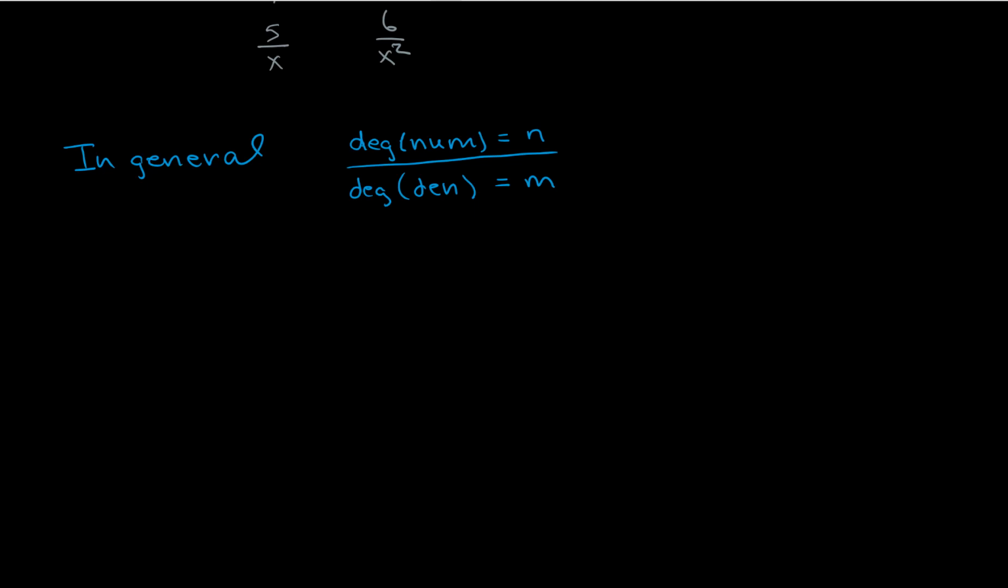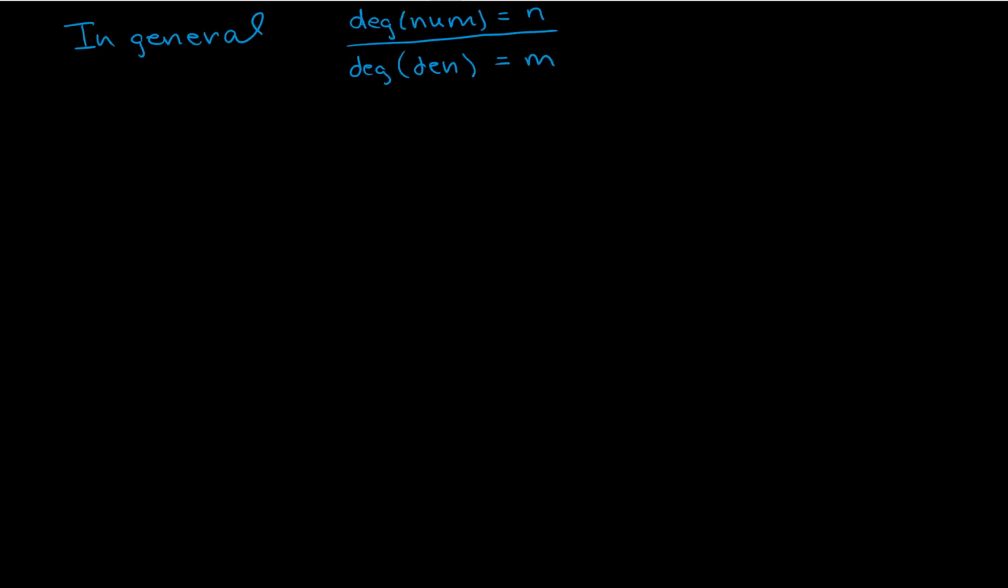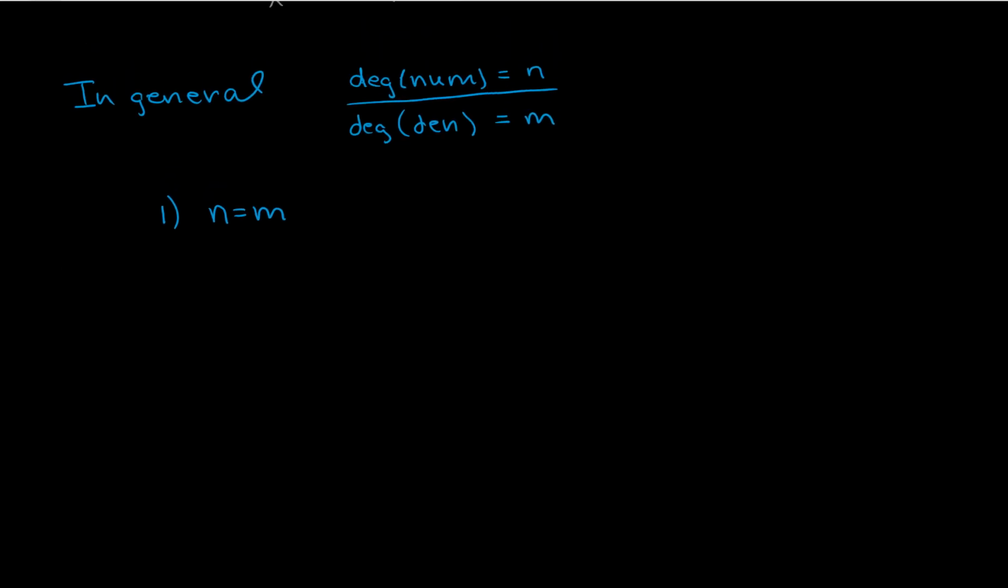So you would have a degree in the numerator of 2, a degree in the denominator of 3. 3 things can happen. First off, if n is equal to m, in other words, they are both the same value. Let's take a look at something like that.